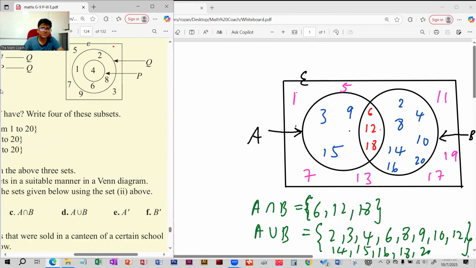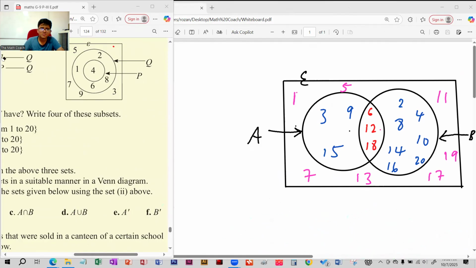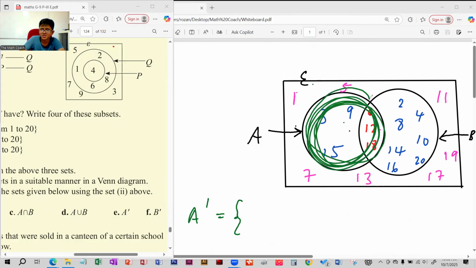So if we want to erase this, we can. A complement is going to be all the others except for A, right? That means we should avoid this circle and do the others.